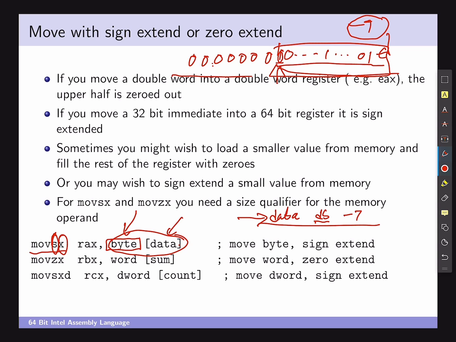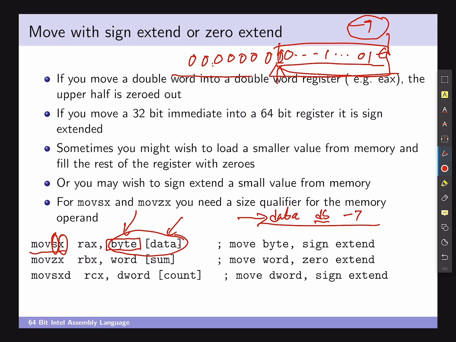Now, there are different versions of this, but I just want to make clear that the way you can remember if you have to specify the size is you only use them if there is no way for the instruction to implicitly know what size the information you're referring to is. So if I interpret this command, say I didn't have this byte specified, I want to load a value that is at address data into RAX.